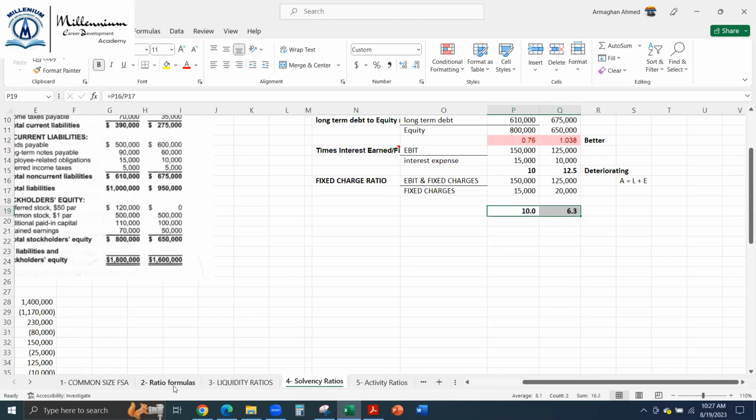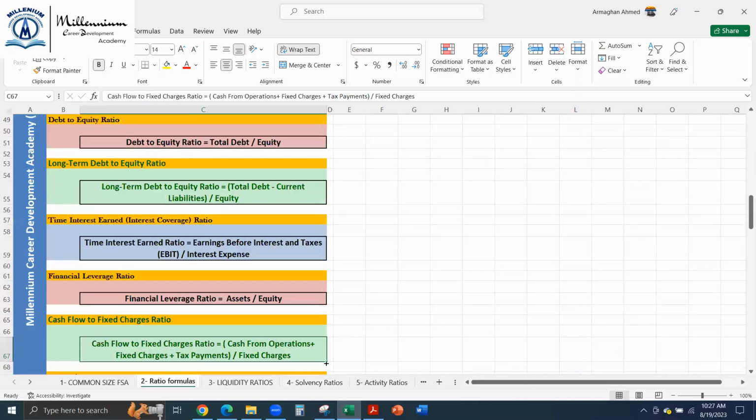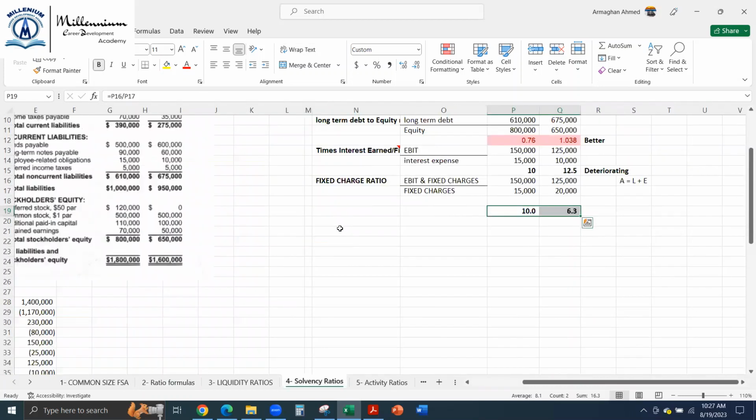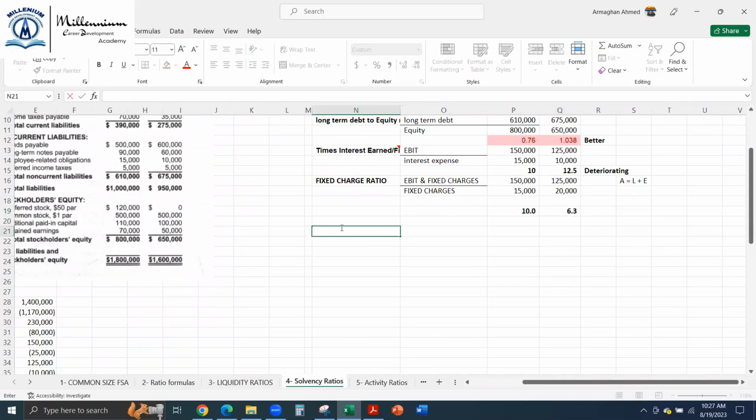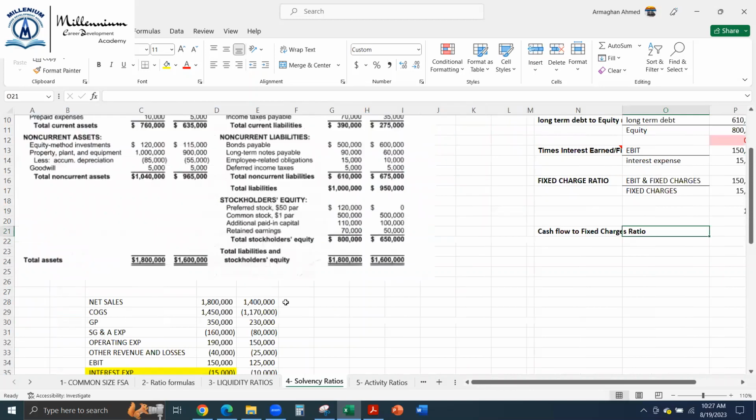If we come to another formula, for example, cash flow to fixed charge ratio. So let's come there, cash flow to fixed charge ratio. So operating cash flow is given here.